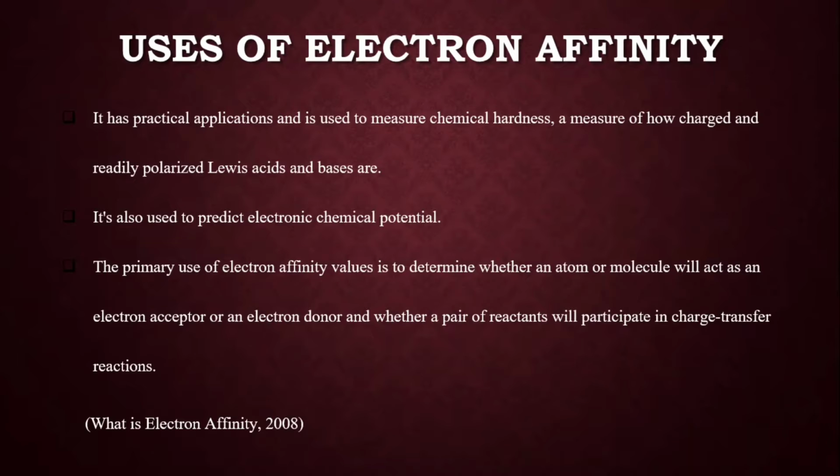The primary use of electron affinity value is to determine whether an atom or molecule will act as an electron acceptor or an electron donor, and whether a pair of reactants will participate in charge transfer reactions.